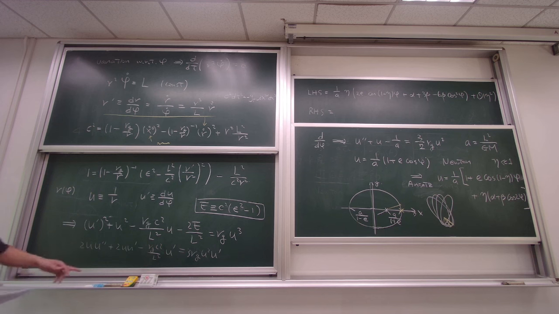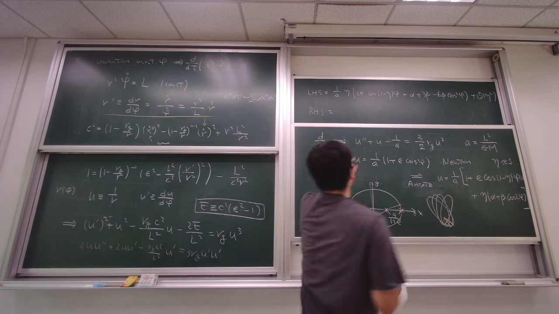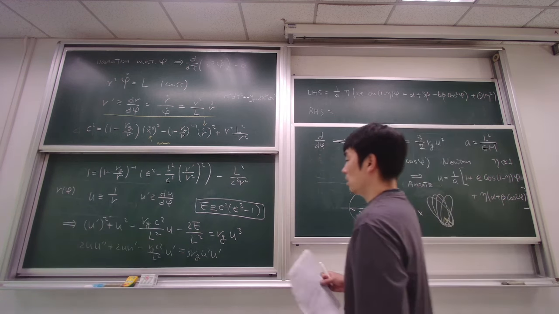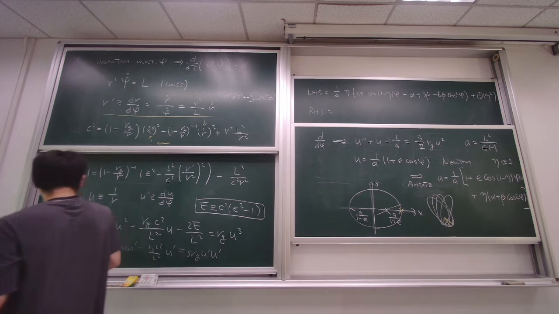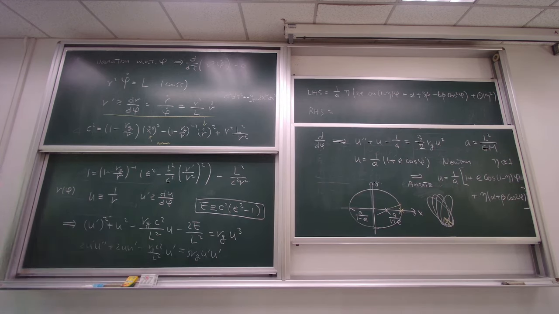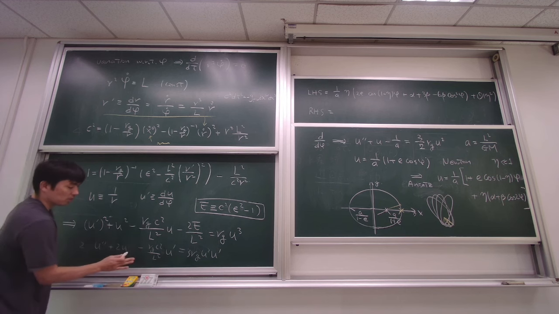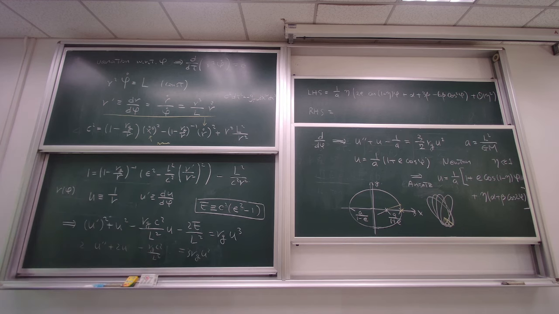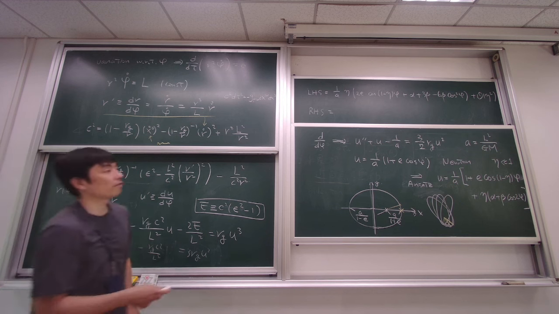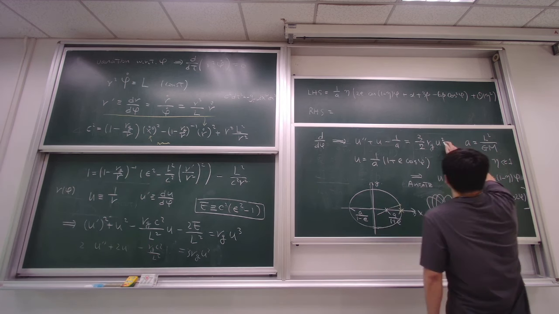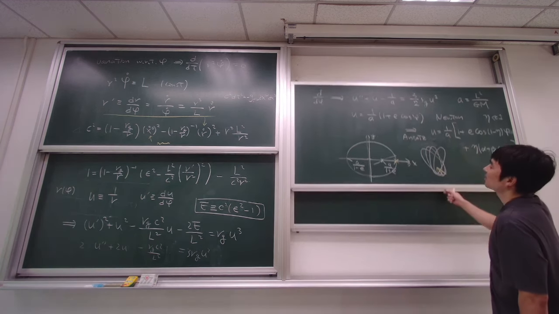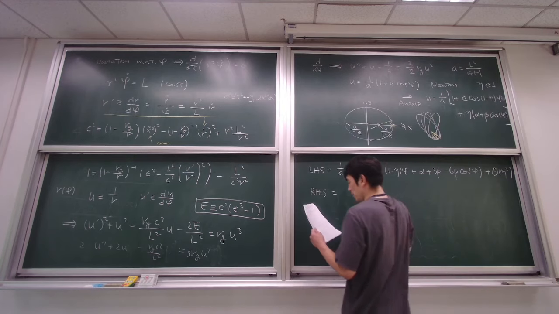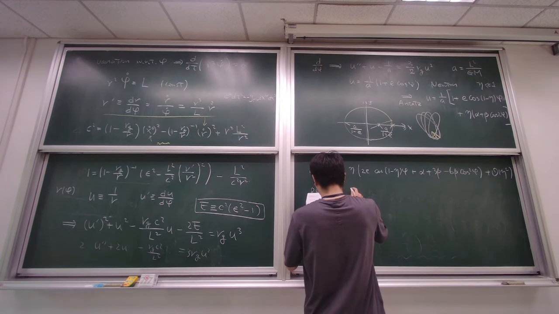Plugged into here, you should get this one. So it's a super easy computation. You can erase the u prime everything, and then just dividing by 2 will give you this one. So therefore there must be u squared, so there's a typo in the lecture note.